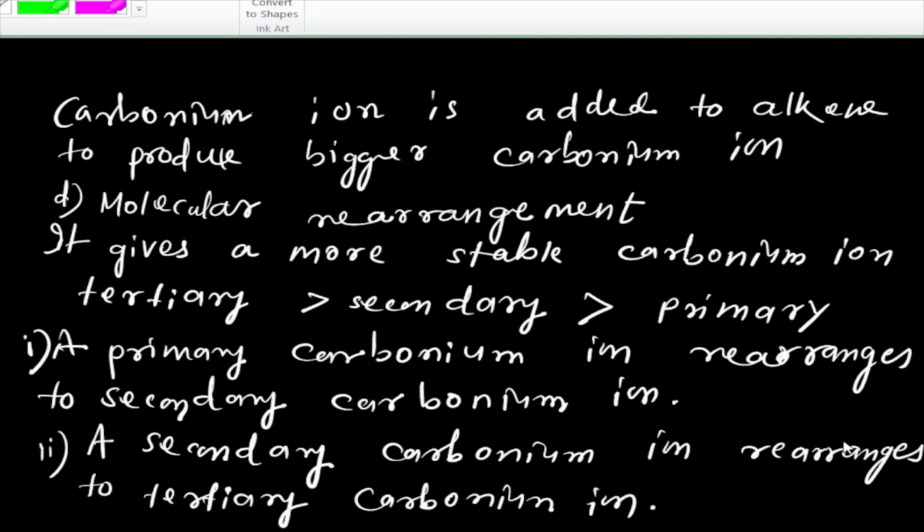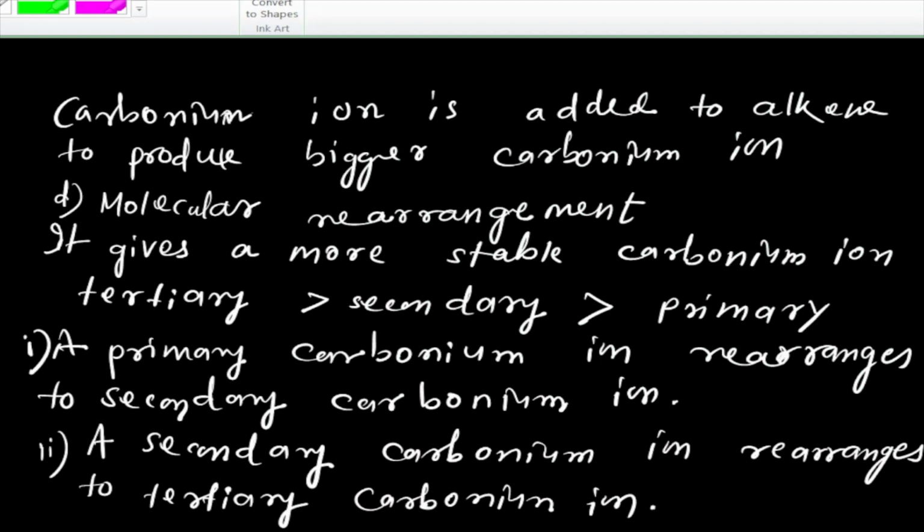Next, a carbonium ion is added to an alkene to produce a bigger carbonium ion, and molecular rearrangement is helpful in the mechanism. It gives a more stable carbonium ion. In molecular rearrangement, the intermediate step produces a more stable carbonium ion.